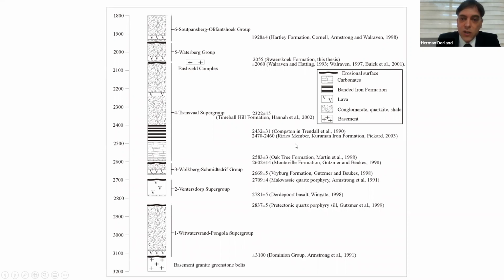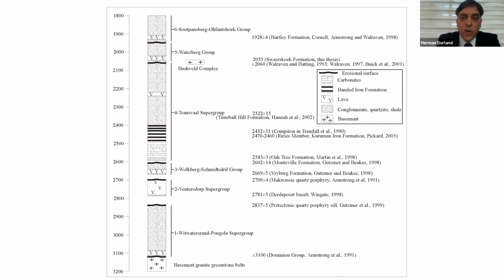For example, this Ridley's member 2470 to 2460, and then we have the Bushveld complex at 2060 million years approximately, and then the Hartley lava at 1928 million years.